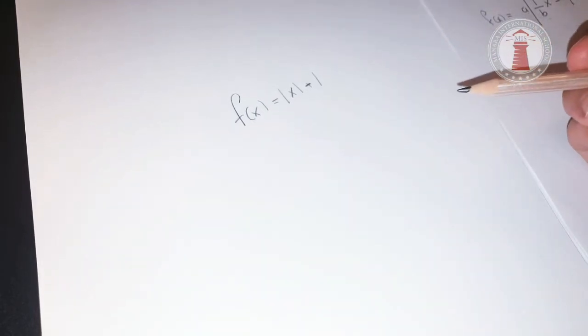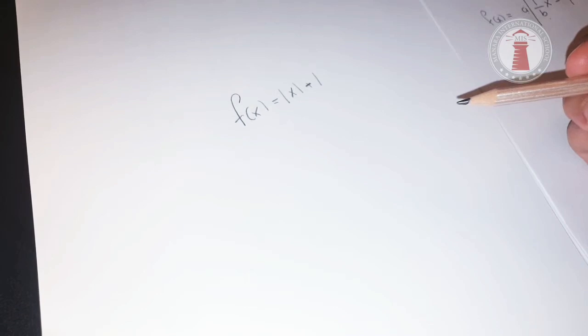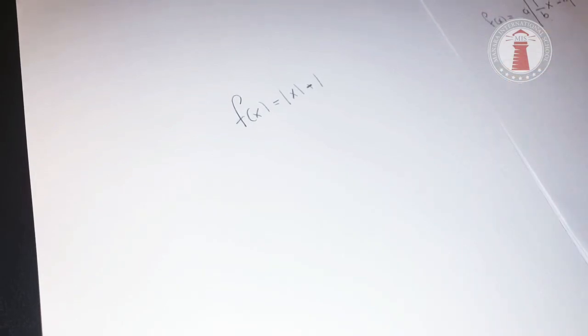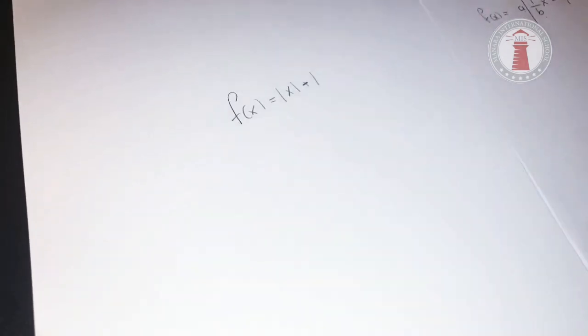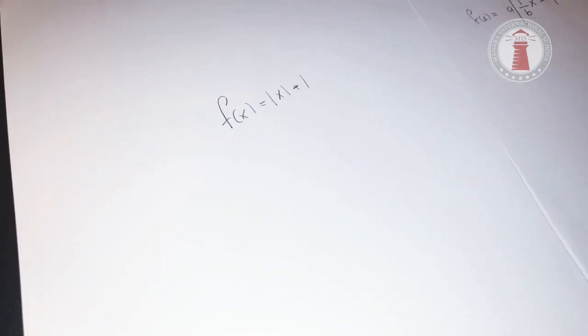Stretching vertically means we want a factor that is multiplied by the whole function, because we're talking about a vertical movement of the function.